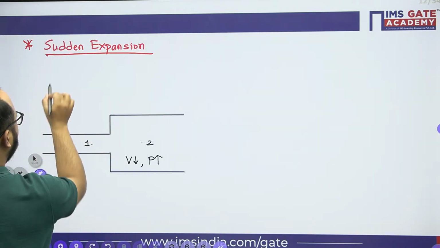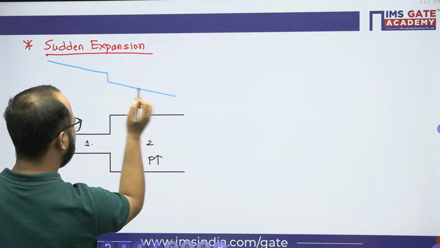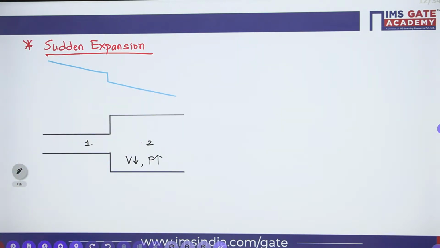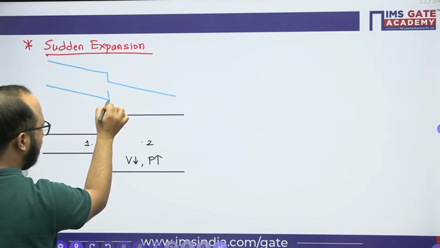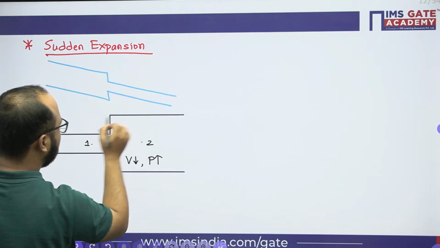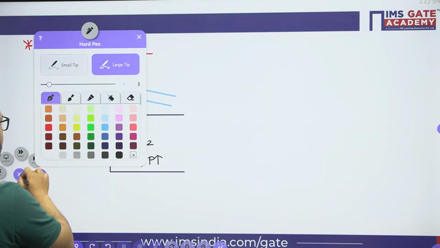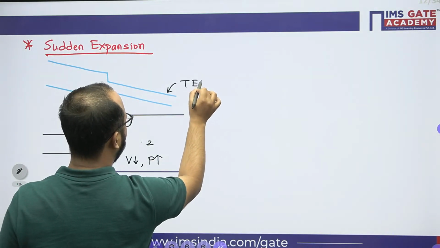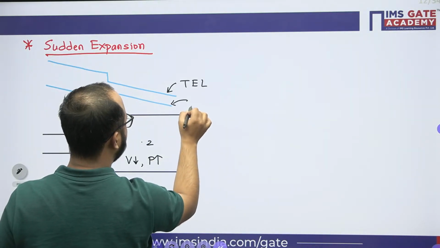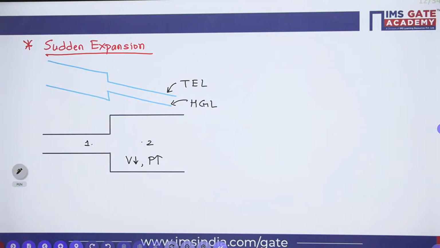First of all, TEL will drop because of the losses. Losses will be there because of sudden expansion, right? Now, second case, there will be a rise, correct? Rise because the pressure is increasing. This is TEL, this is HGL. Correct? Yes or no? Any doubts?